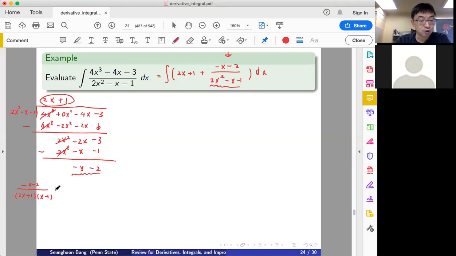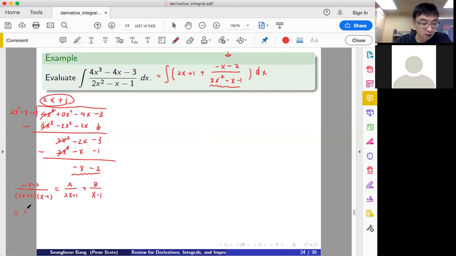You can just change it to a over 2x plus 1 plus b over x minus 1, right? So you can combine. How can you combine? Cross multiplication.